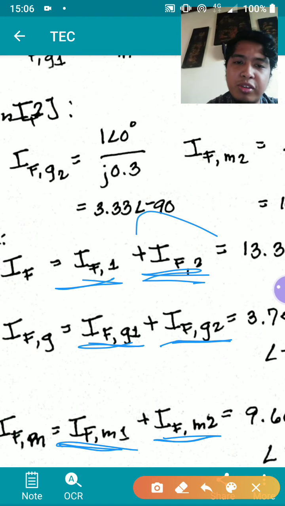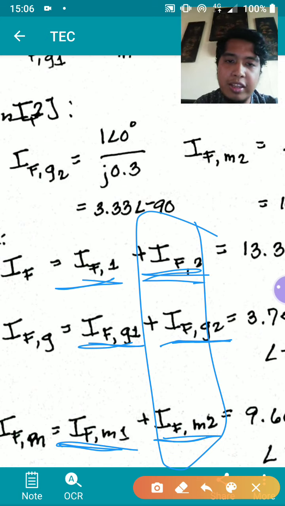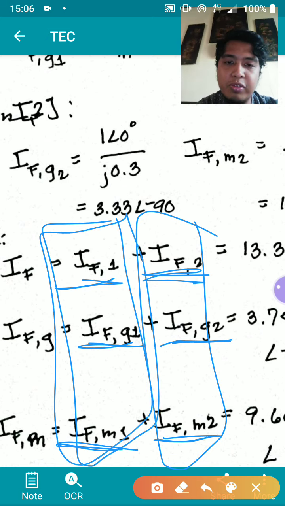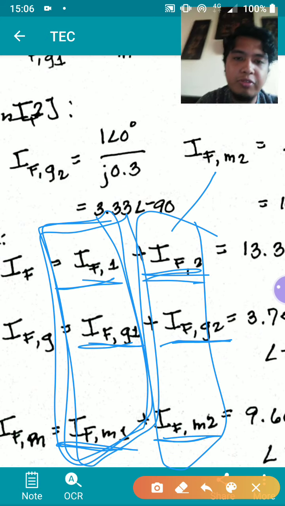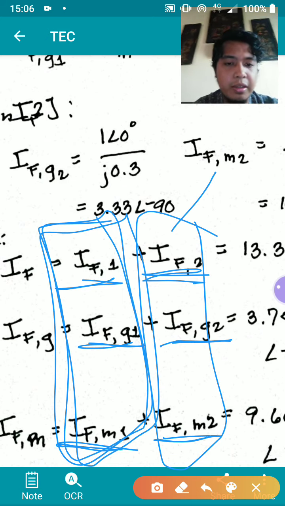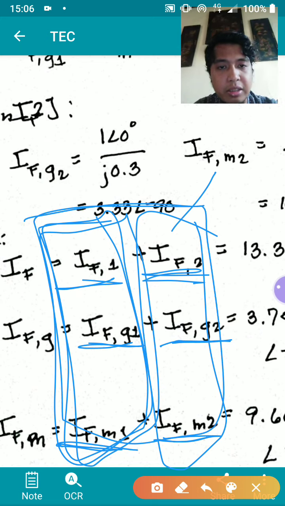So you can just solve for this since this is the major component of your fault currents, and then add these pre-fault currents later on. So this is your fault current without pre-fault currents. This is your fault current with pre-fault currents.